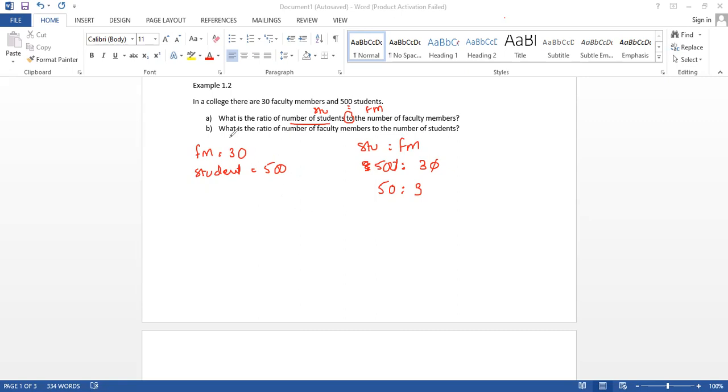Similarly, what is the ratio of number of faculty members to the number of students? Now you can see that faculty members is coming first. So now they're asking you in part B, faculty members to students. So for this one, you're going to keep the faculty members first.